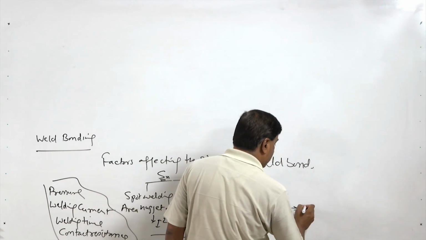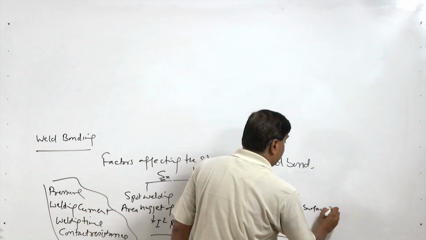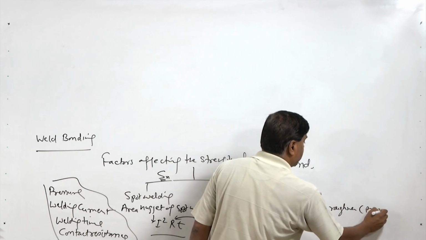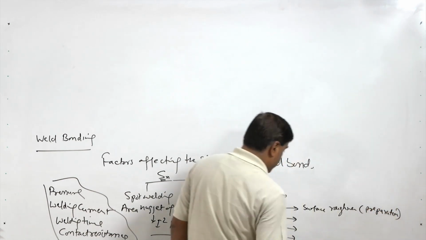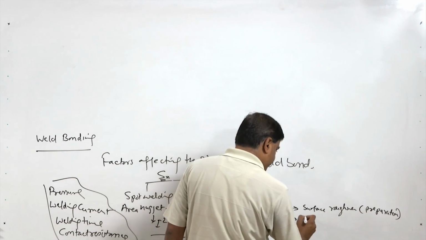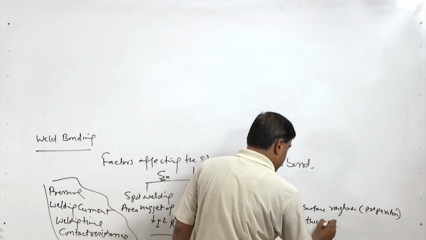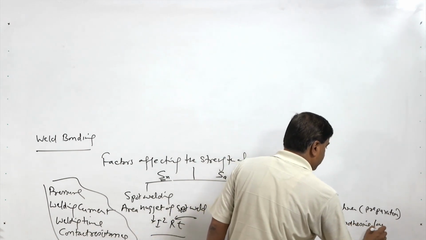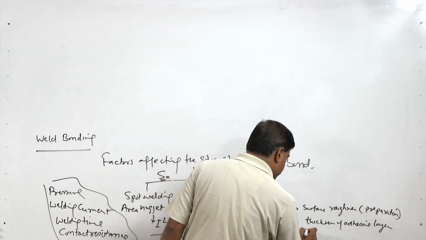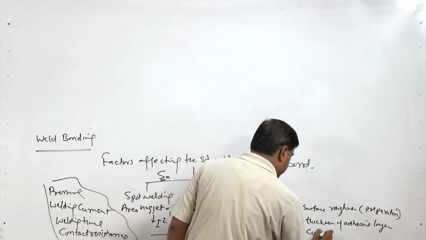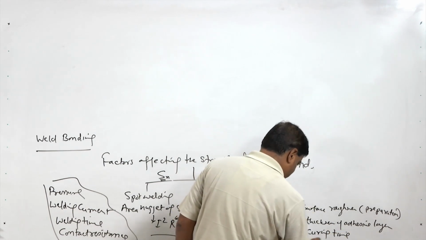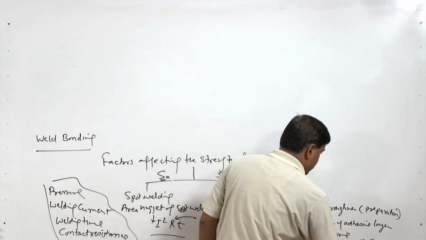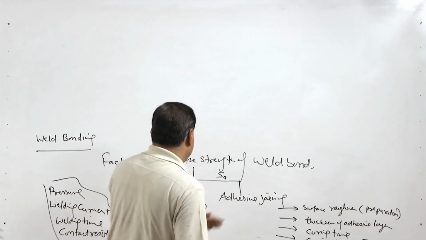These are the surface roughness, which is part of surface preparation, and second, the thickness of the adhesive layer. The other two factors are related with the curing time and curing temperature. So, we will be seeing the effect of all these factors.